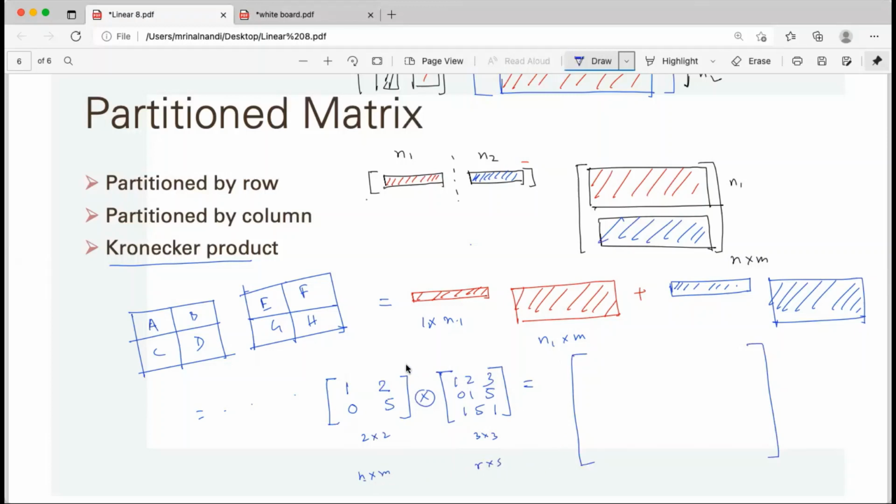How? You can do this in two different ways. We just take one entry and multiply it with this whole matrix, scalar multiplication.